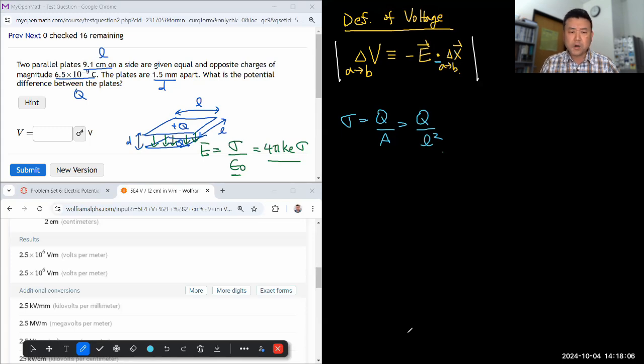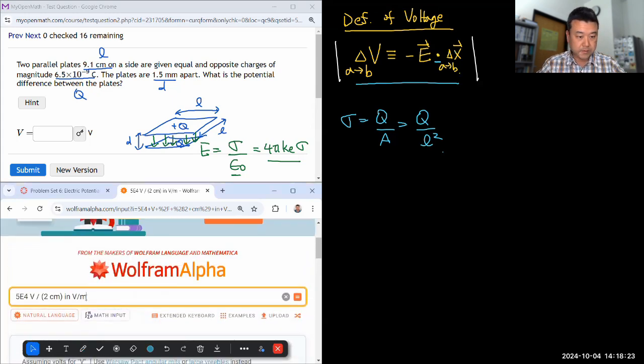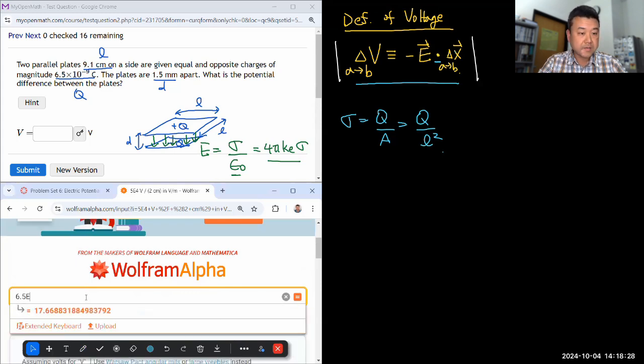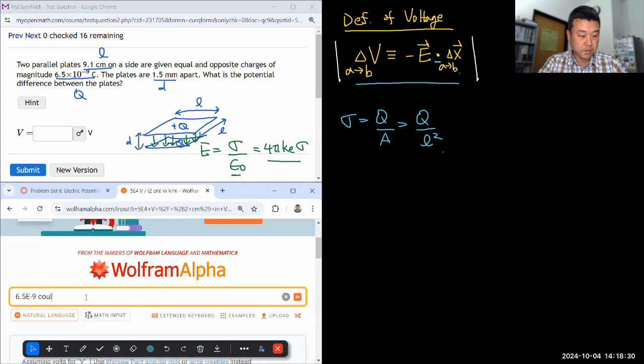All right, so let's work out the electric field first. I can first see if that makes sense. And once I have the electric field, then I can go through the definition of voltage to figure out the potential difference between the two plates. So for the electric field first, I have charge 6.5 times 10 to the power of minus 9 Coulomb divided by the length on the side squared, 9.1 centimeters squared.